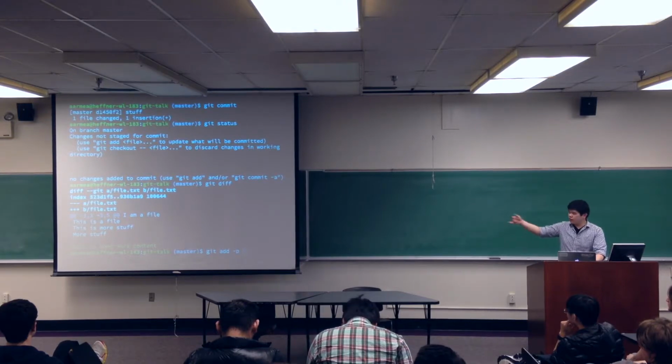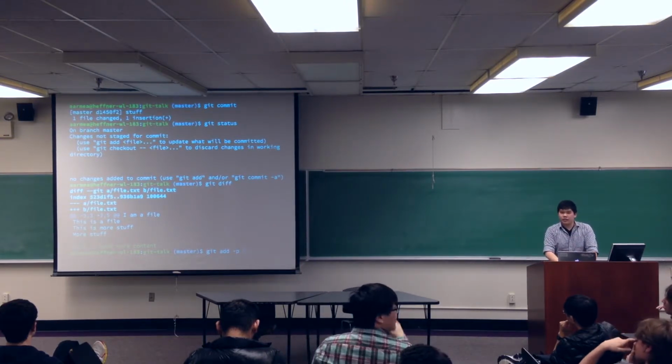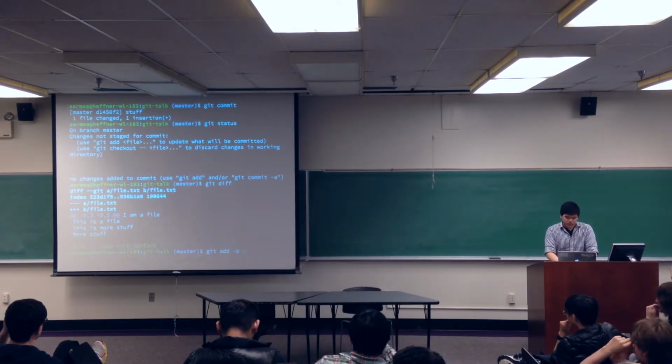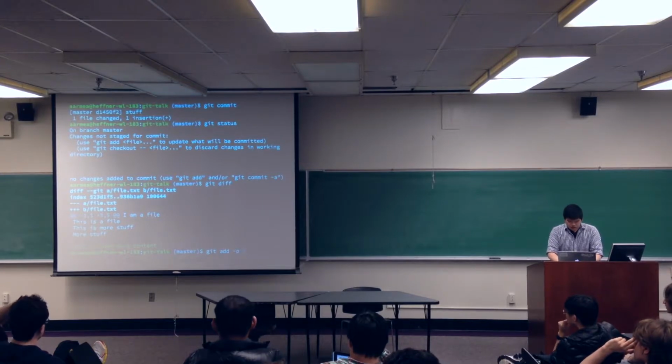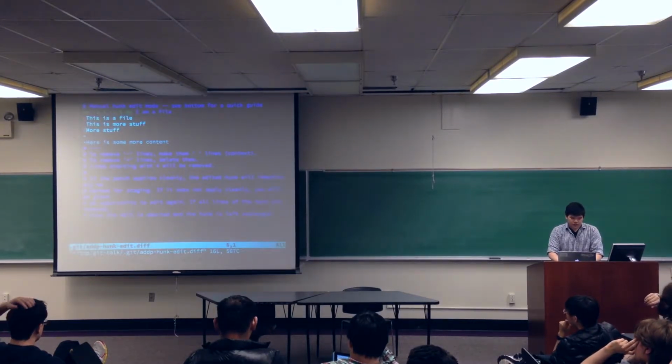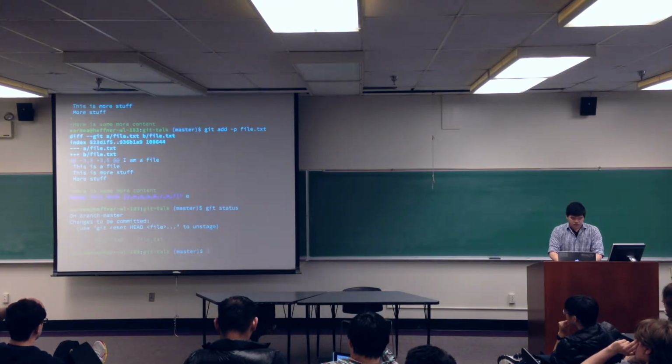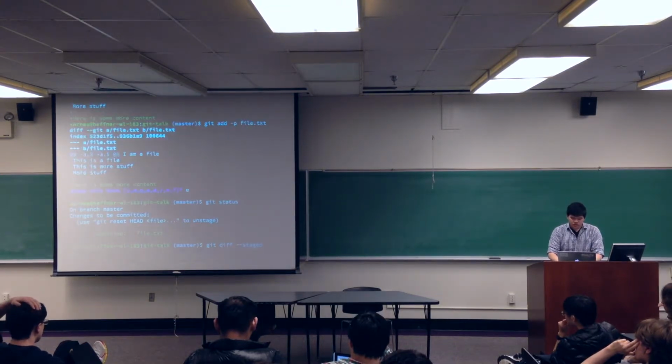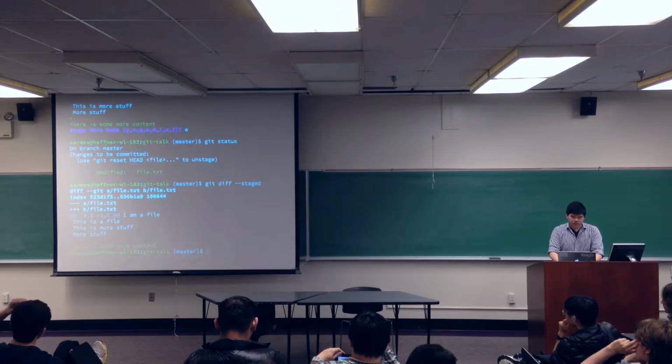Notice I'm just adding more stuff to the staging area. I'm going to add both of these into one commit, even though I'm using different invocations of git add. So that's in the staging area.